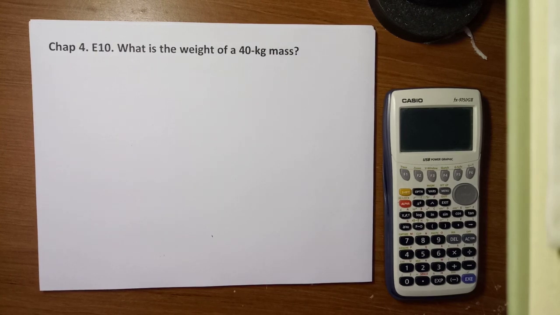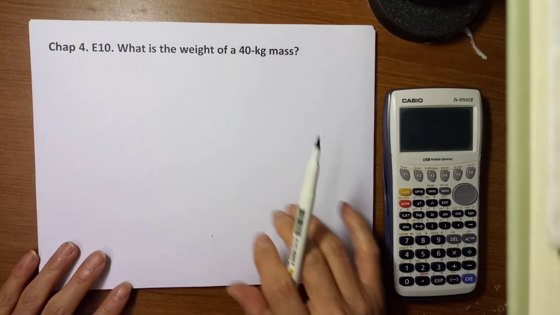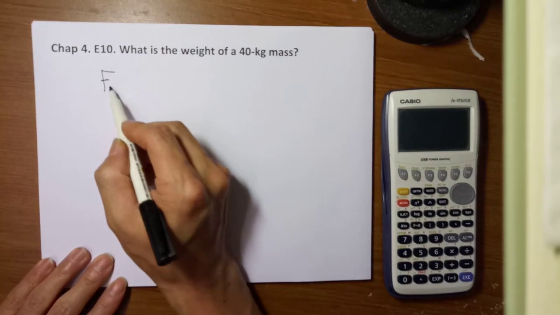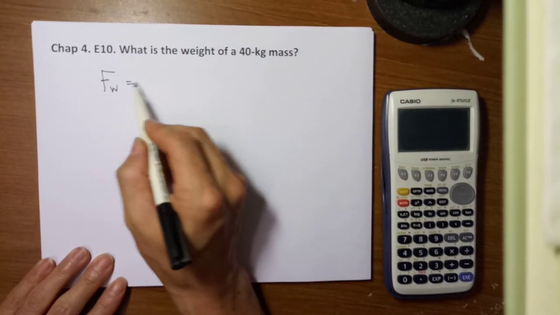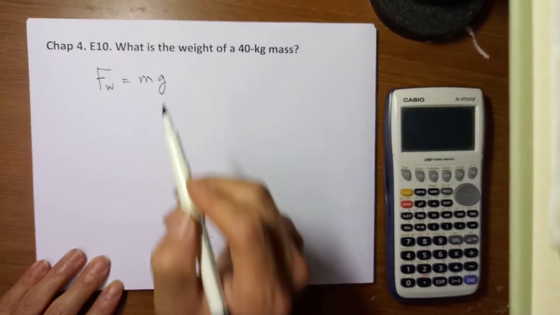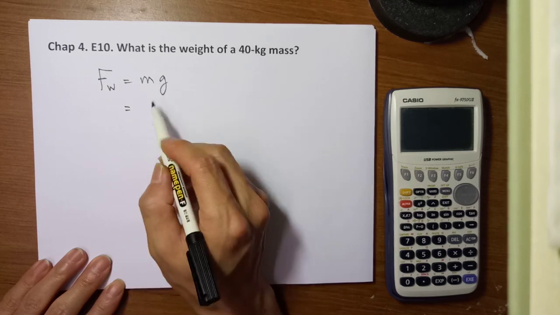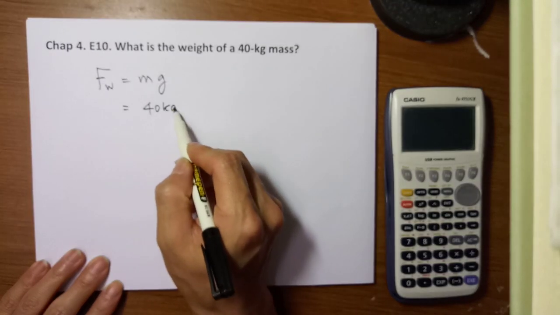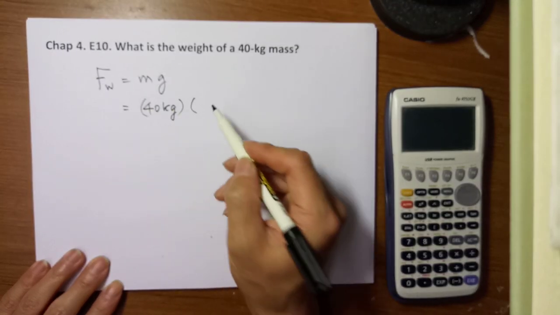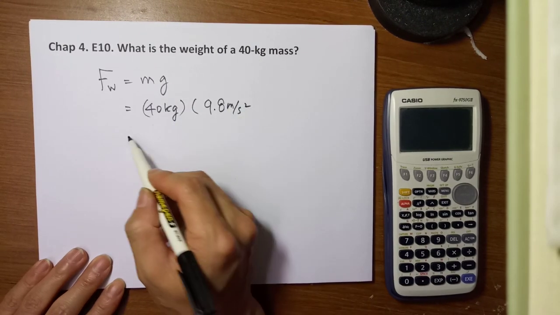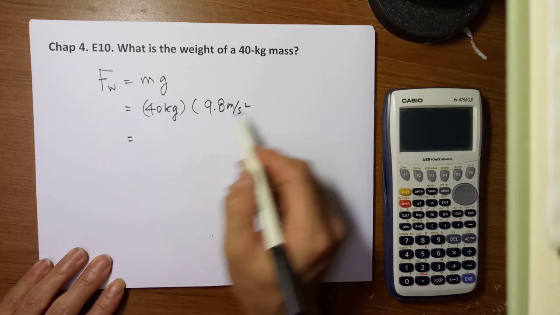Okay. What is weight of 40 kilogram mass? Okay. F weight equal mg, right? Weight equal mg. M equal 40 kilogram. G equal on the earth 9.8 meter per sec square, which is the force, right?